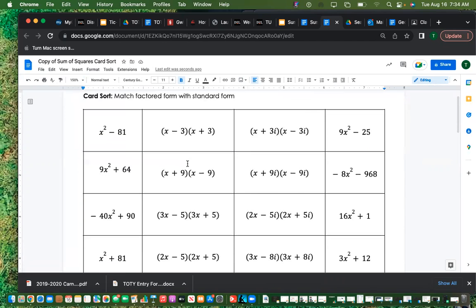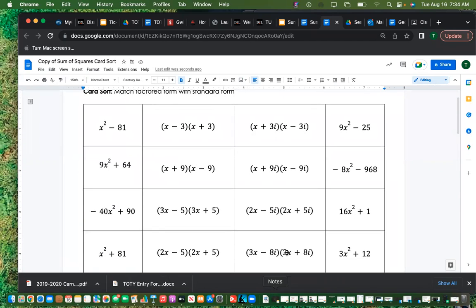I want you to do the first 4, and then we're going to go over it. Again, take what's on the left-hand side and match it up with its factored form. There's some other stuff over here that you can also match up. Anything that's not in factored form, you need to put in factored form. So on your paper, try these 4, and then we're going to talk about it.